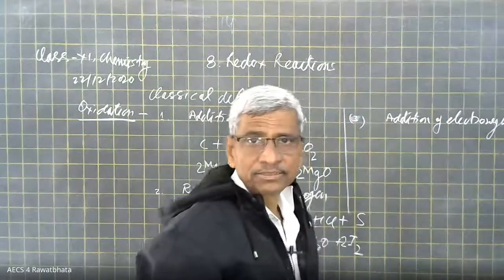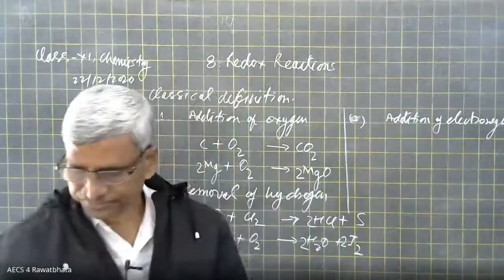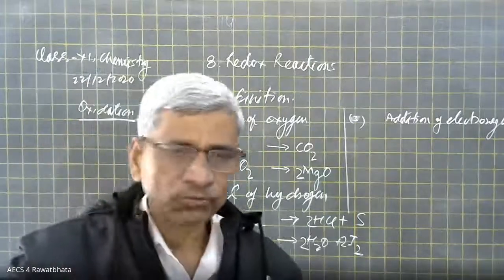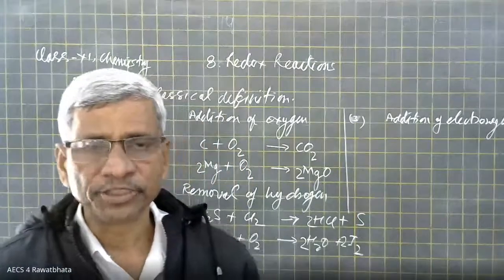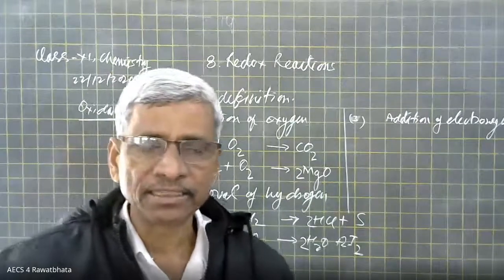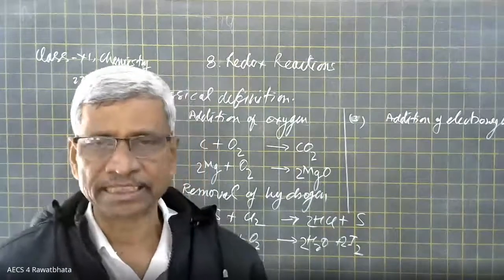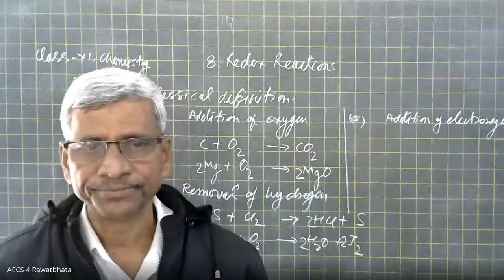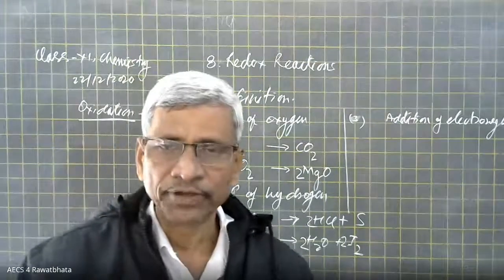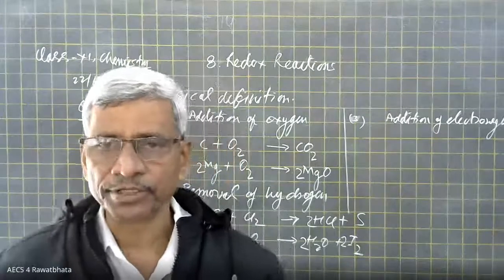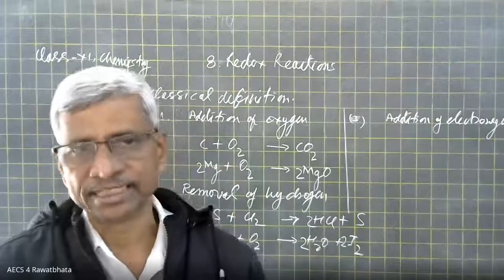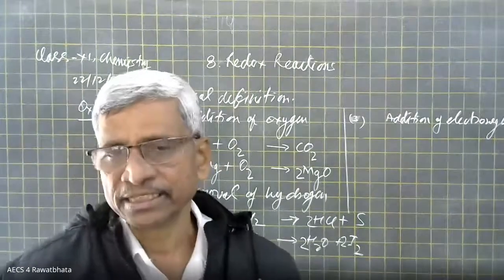Can you see this? Okay. Actually, what is the purpose to say all these things? If a particular equation is given and the question is to identify oxidation and reduction reactions in this, write down the oxidation half reaction and the reduction half reaction, and say what is the oxidizing agent and what is the reducing agent, then we need these things.